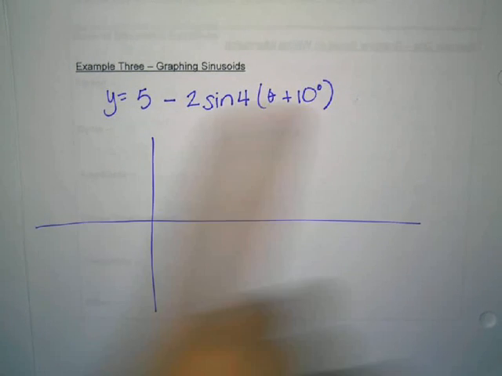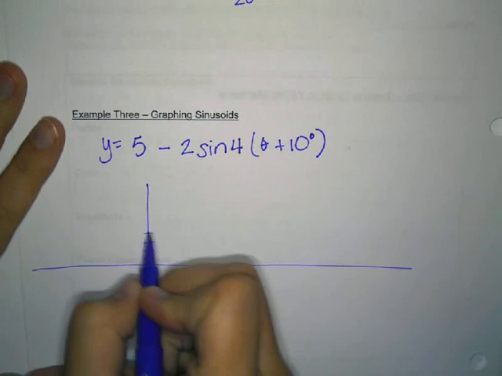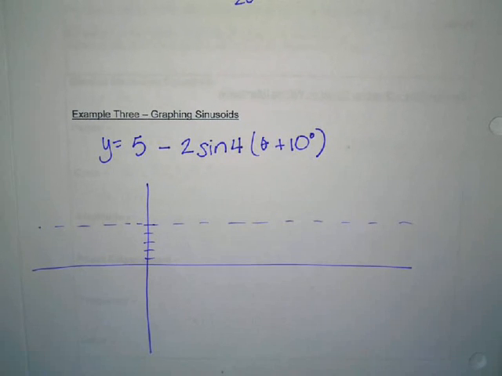All right, let's start with your sinusoidal axis. We're going to go up 5. When you're drawing your sinusoidal axis, it's a dashed line, because it's not actually part of your graph, we're just using it as a guide. The next step after drawing your sinusoidal axis is to use your amplitude to draw your upper and lower bounds. What's your amplitude here? Careful.